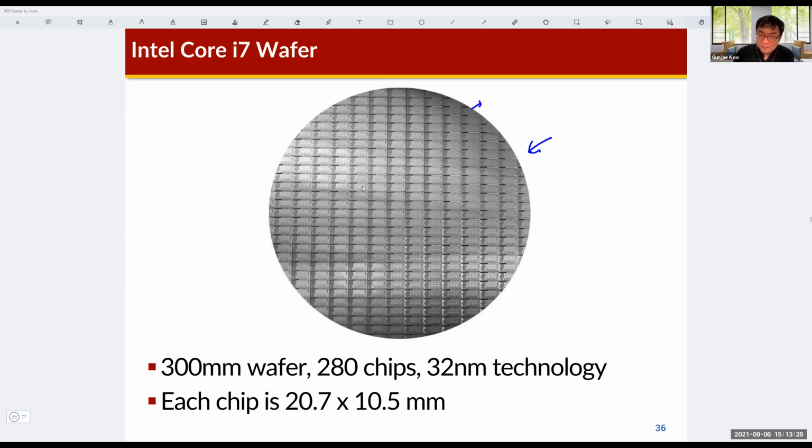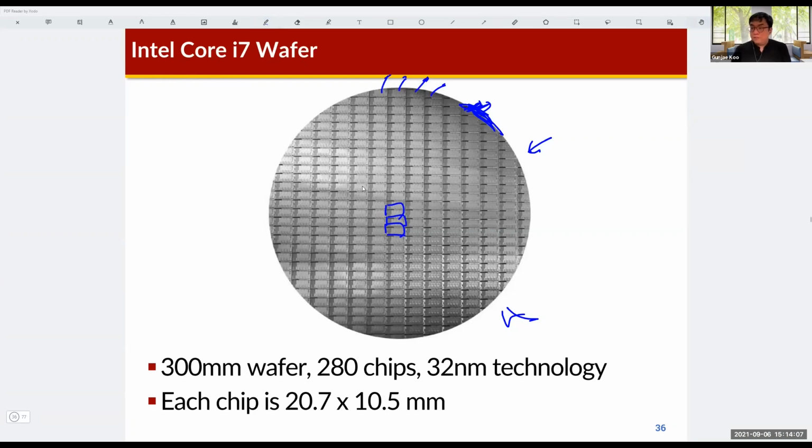So we can just throw away this incomplete die because we cannot generate a rectangular die on this boundary. Okay. So as you can see, on this one circle of wafer, we can generate some rectangular dies. So we need to throw away these incomplete dies.